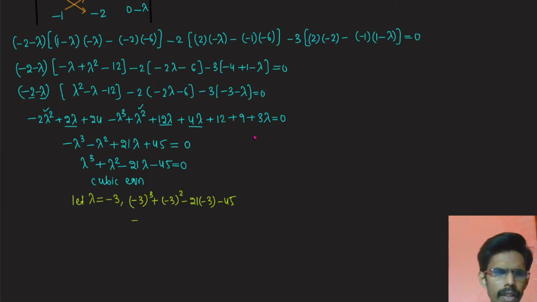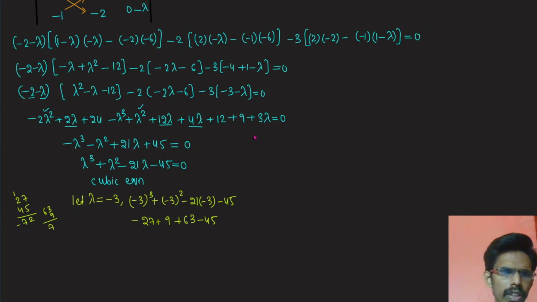So (-3) cube will be minus 27, plus (-3) square 9. Here I have plus 63, minus 45. So we have 27, 45, this will become 72, minus 72. Here we have 63 and 9, this will also be 72. So plus 72 minus 72 will get cancelled. So I'll get 0 here.